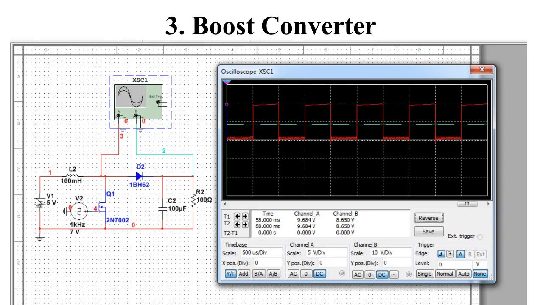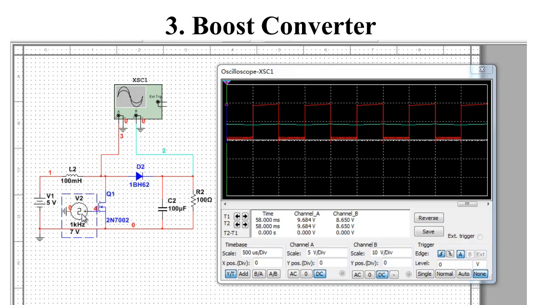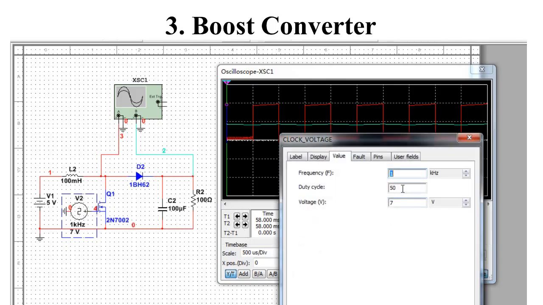The input voltage is 5 volts. Channel B is 10 volts per division. That is to say, under the condition of 50% duty cycle, the output is a smooth voltage of 8 volts to 9 volts. Next, we change the duty cycle to 80%. We simulate again.